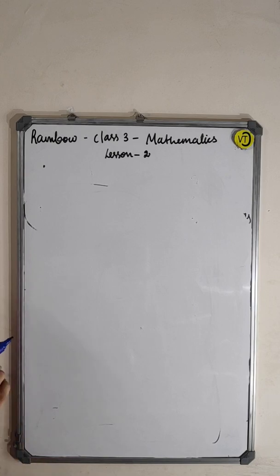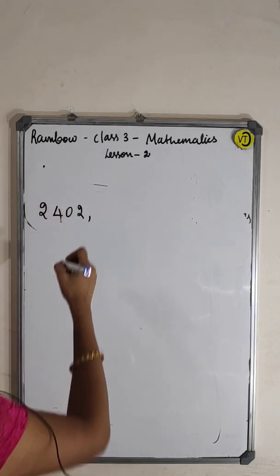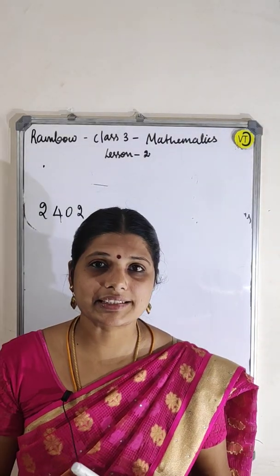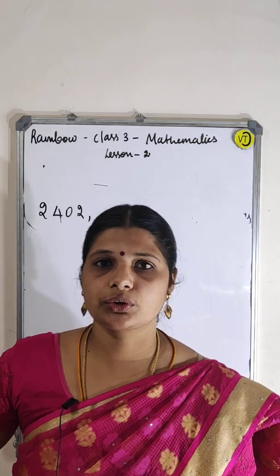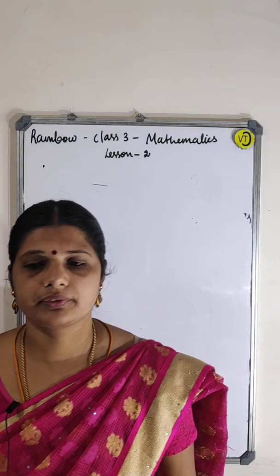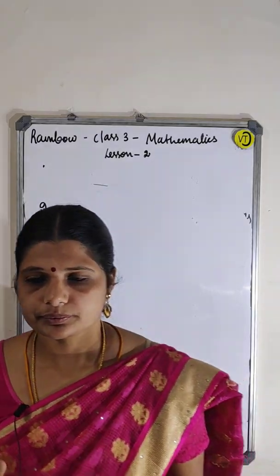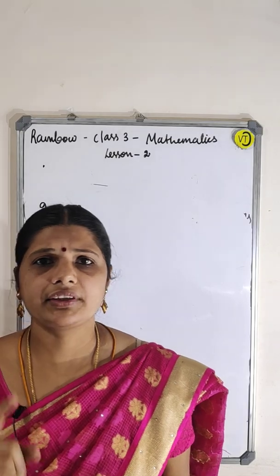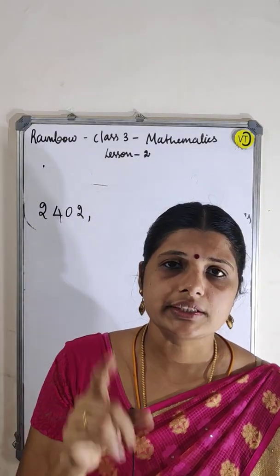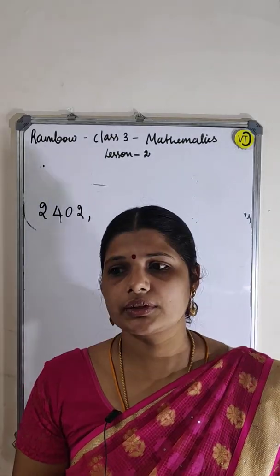Okay, fine. Skip counting in 2s. How can you write? 2402. How can you write here? 2404, 2406, 2408, 2410. It is skips of 2s. Then skip counting of 5s. 7130 is there. 7,135, 7,140, 7,145, 7,150.